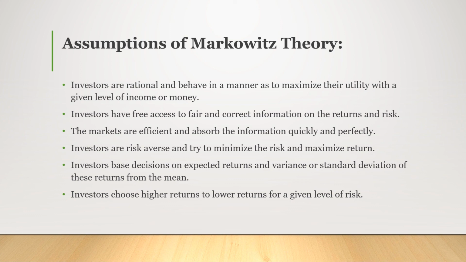So he is satisfied with that money only and doesn't want to take any level of risk. So that is risk averse: try to minimize the risk and maximize the return. So based on the proportion, he will maximize the return.